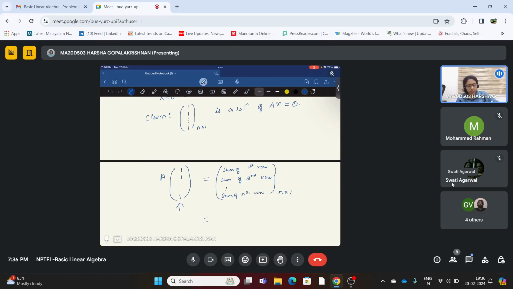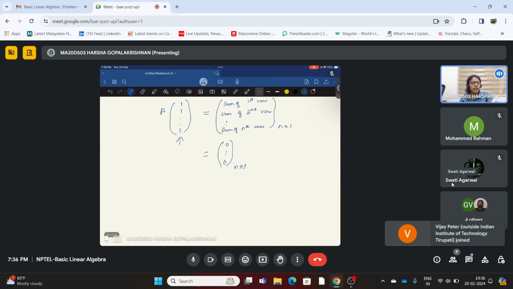We are given that all these sums are 0, so we get a column of n zeros. So I can say the column of ones is a solution of Ax equal to 0. Other than the trivial solution 0, I got a non-trivial solution. Now, can A be invertible?